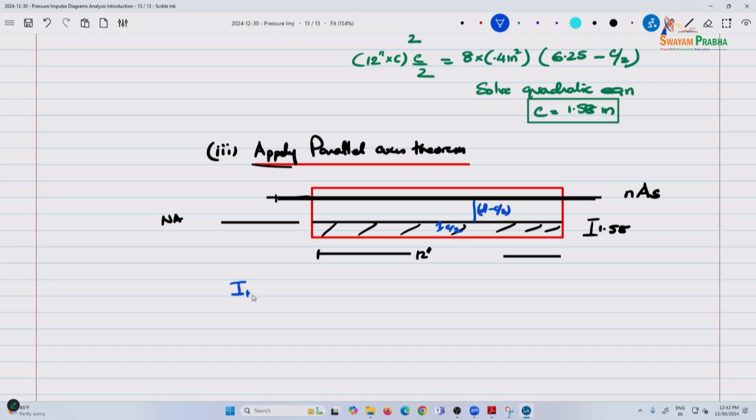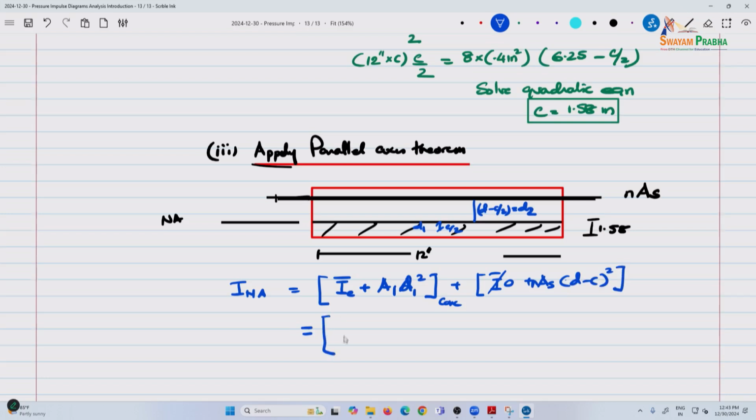The overall moment of inertia about the neutral axis can be broken down into two parts: I bar of concrete plus A1 times d1 squared, plus for steel, I bar can be taken to be 0, plus n A_s times (d minus C) squared.